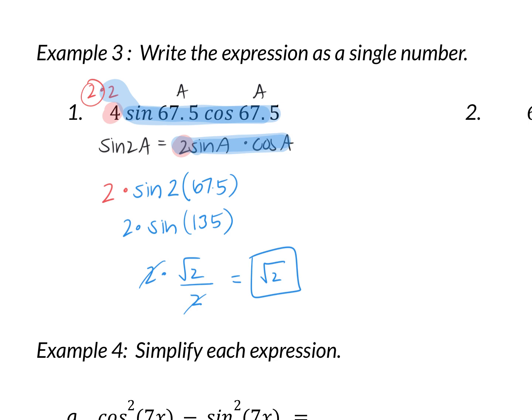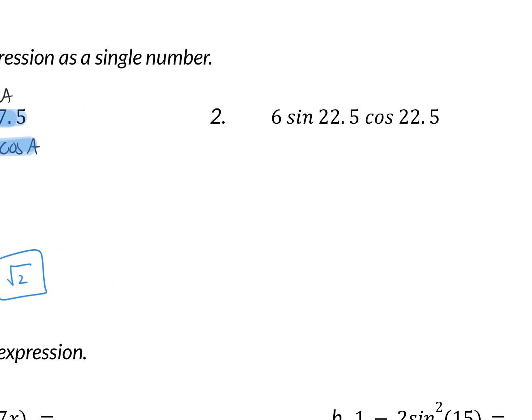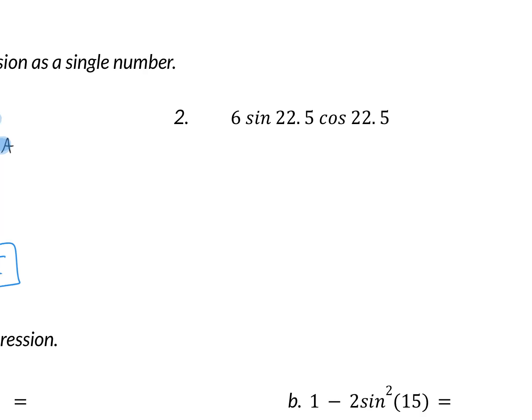Okay. If I look at the next one here, I've got 6 sine of 22.5 cosine of 22.5. So again, still using that formula, number 24, I could rewrite 6 to have a 2 in it to be 2 times what? 2 times 3.